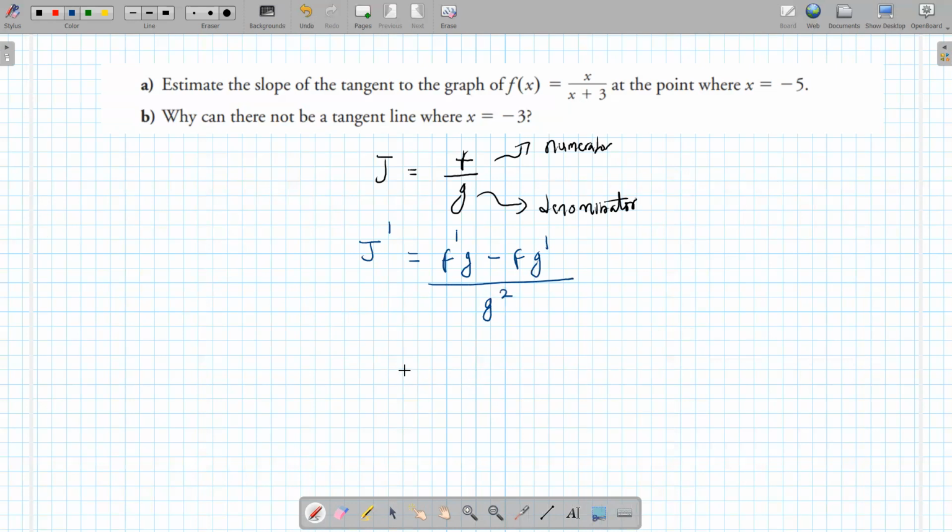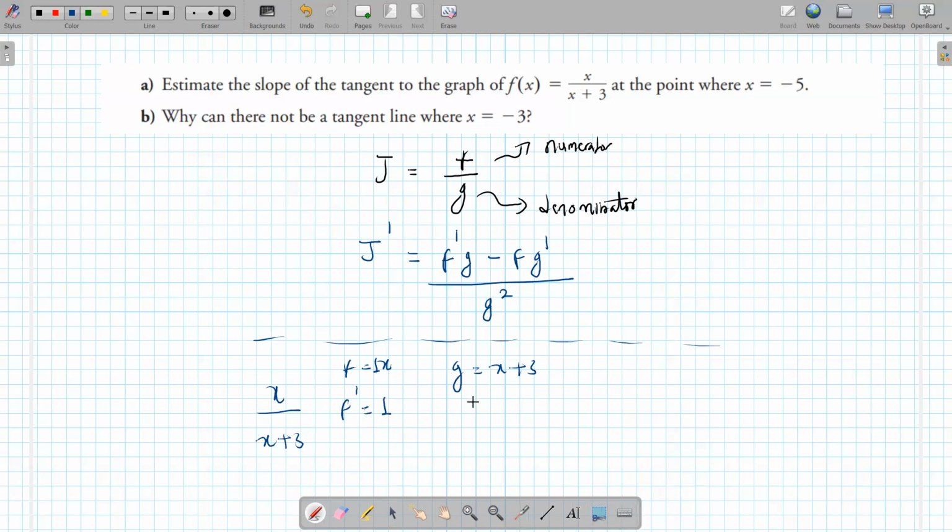Now, what does all of this even mean? Let's go back to our equation. So we have x over x plus 3. Your f function is x. Your g function is x plus 3. Now remember, we did this yesterday. If f is x, what's f prime? What's the IROC function of 1x? It's 1.